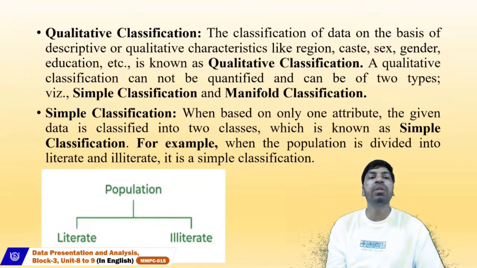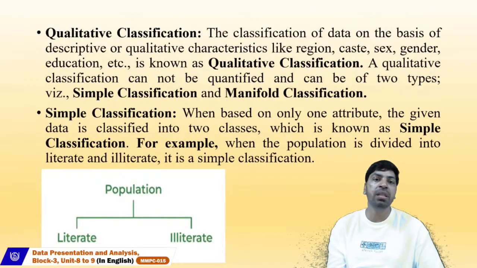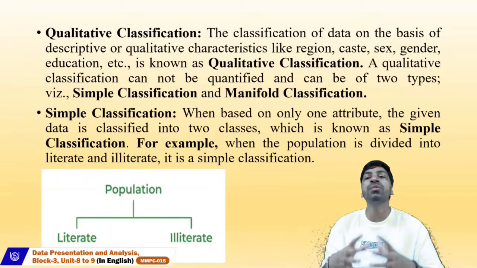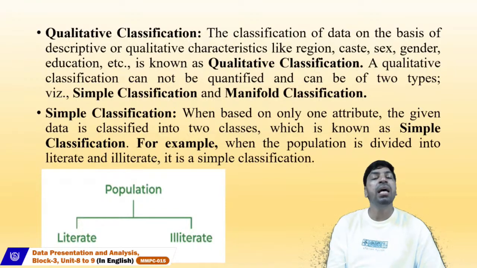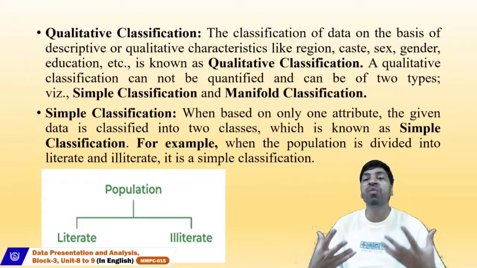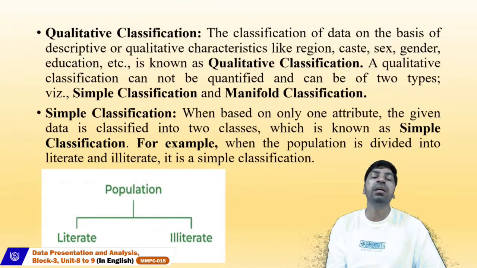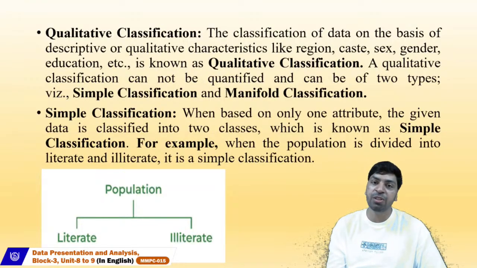Now we can come to the qualitative classification. This type of classification is based on descriptive and qualitative characteristics like region, caste, sex, gender, and education, where we talk about socio-demographic classification. That also comes under the qualitative, because here we are talking about descriptive variables in nature.